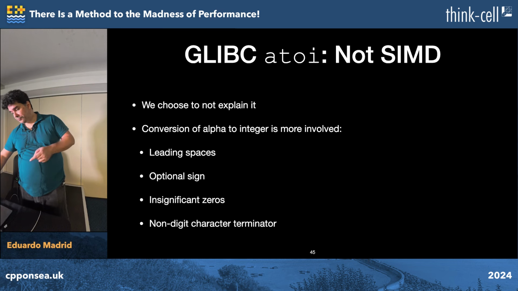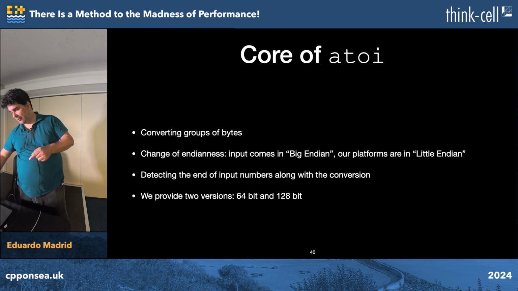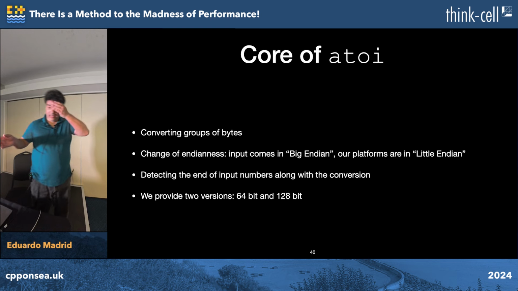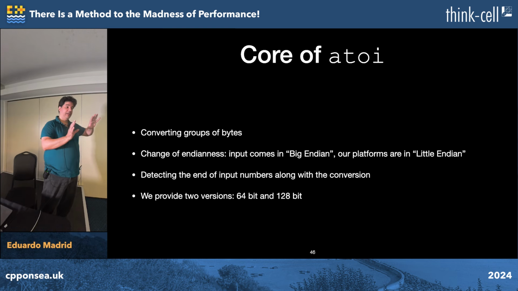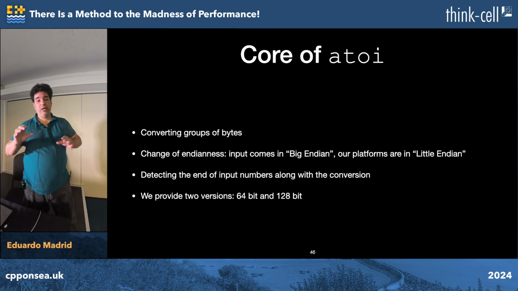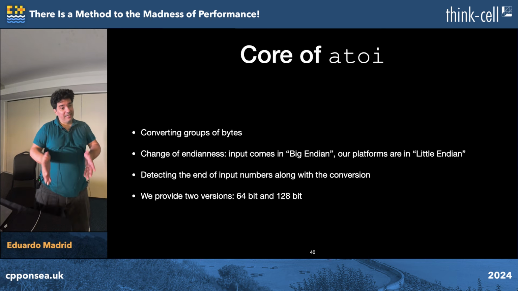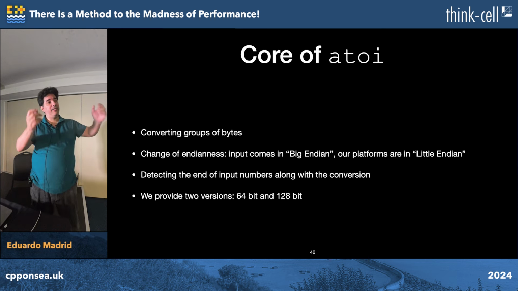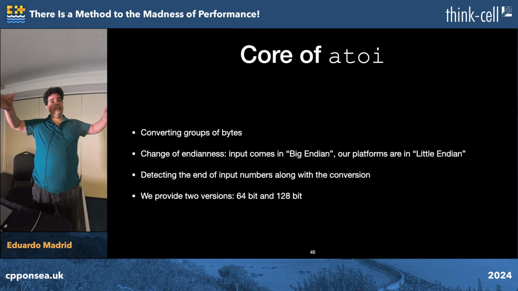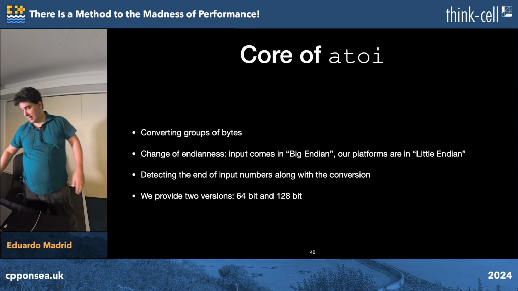So those are the extra complications in the conversion. But now we also had to focus on the conversion itself of a lot of groups of bytes into numbers, right?